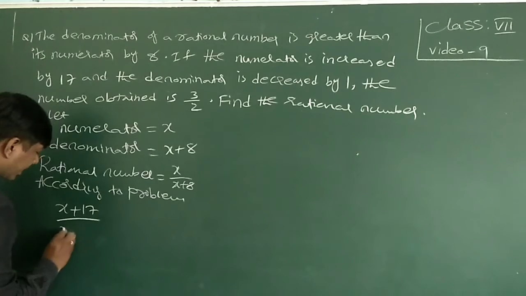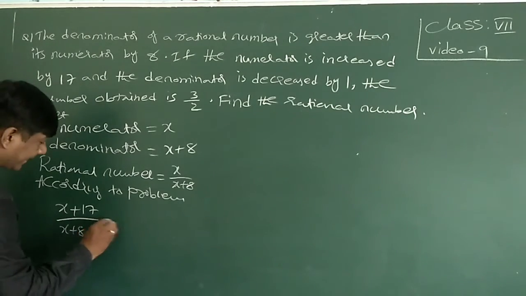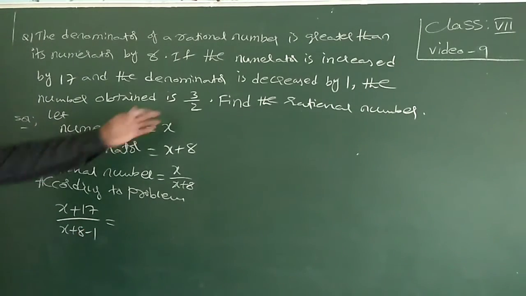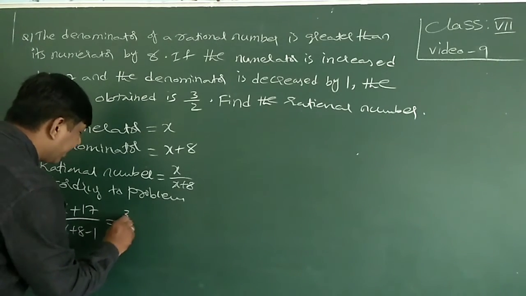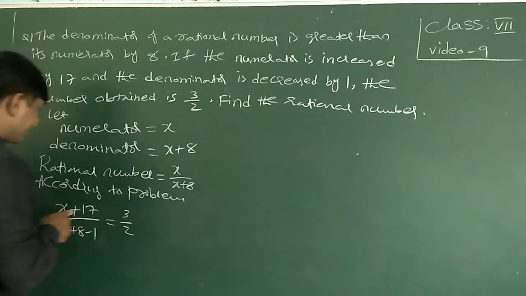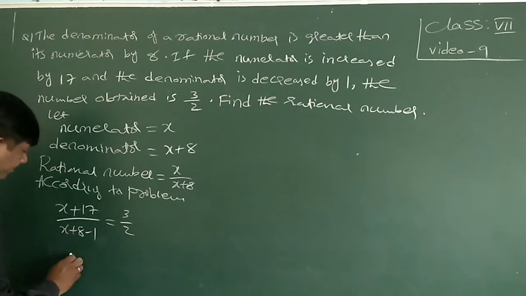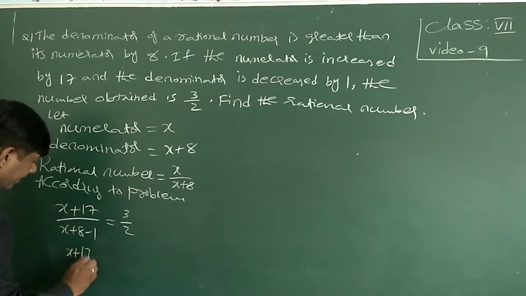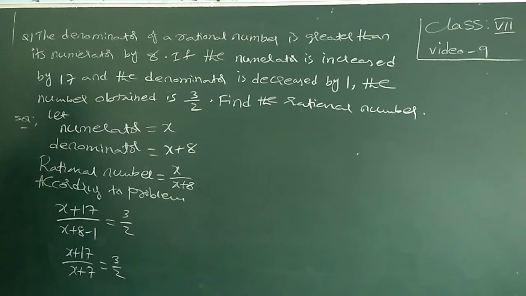What is the denominator? x plus 8 minus 1. What is the number obtained? This result becomes 3 by 2. When you add 17 to the numerator and decrease the denominator by 1, the result becomes 3 by 2. Now the final result is x plus 17 by x plus 7 is equal to 3 by 2.